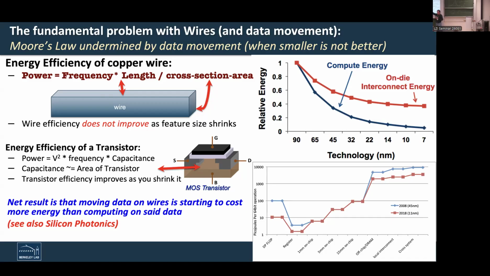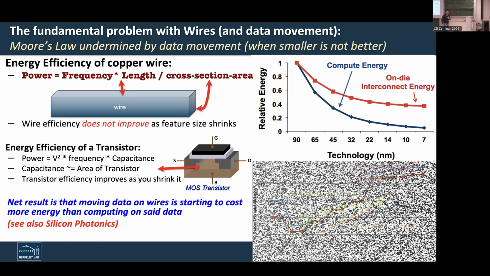But by the time we got to 11 nanometers, it was about the same amount of power to move data just 1 millimeter across the chip. And now we've moved to 7 nanometer, and now you're spending 16 times more power to move the data to the ALU than the actual cost of the ALU itself.